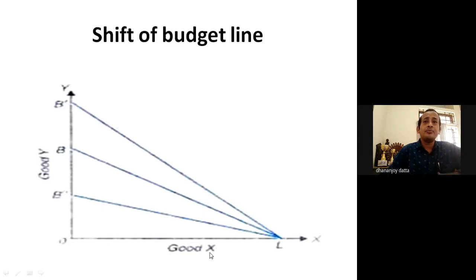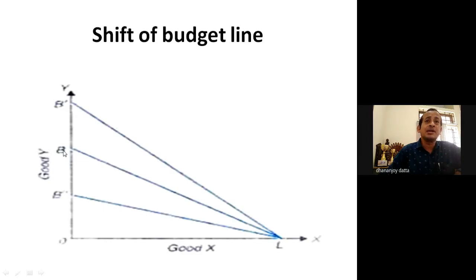Shift of the budget line basically takes place when there is an increase or decrease in the consumer income. Here we are assuming that due to the increase in the consumer income, purchase of the X good remains the same, but there is a change in the purchase of the good Y by the consumer.